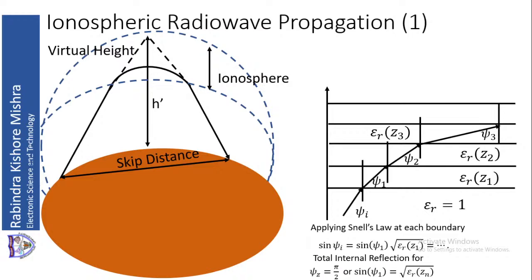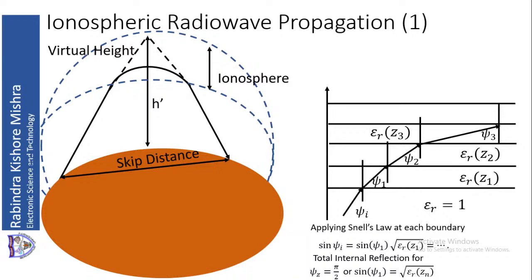Now, what is the advantage of this? This allows us long distance communication. Imagine one antenna is at the left extreme end and the other antenna is at the right extreme end of the earth surface.